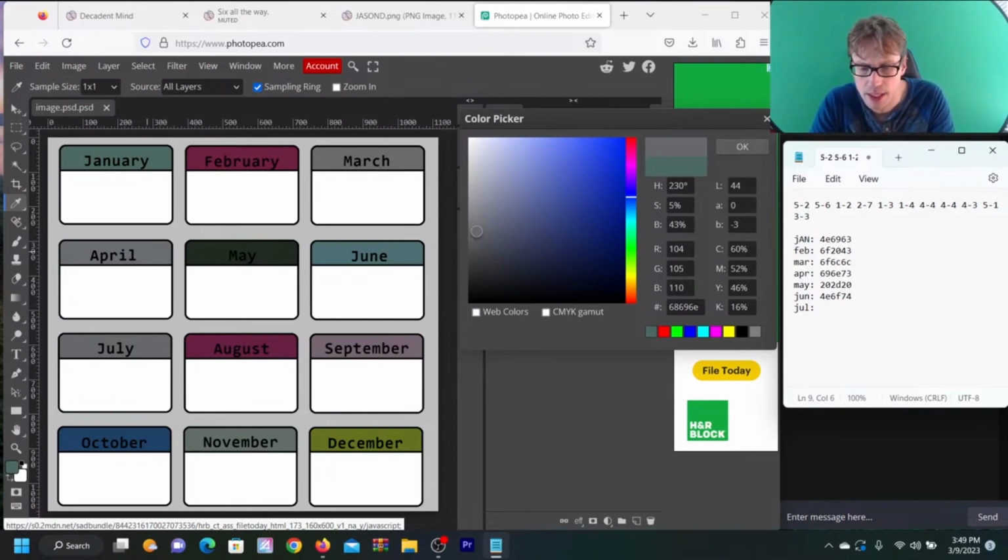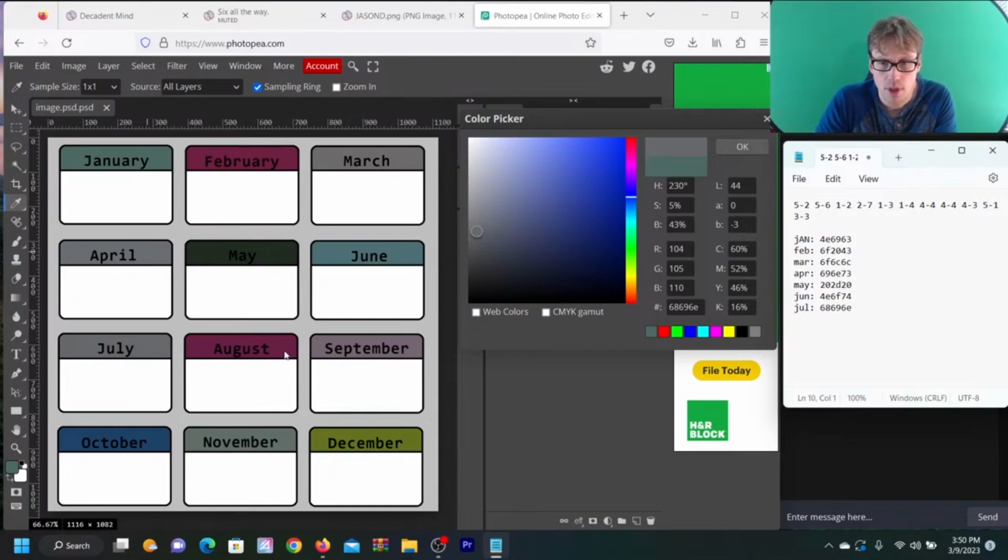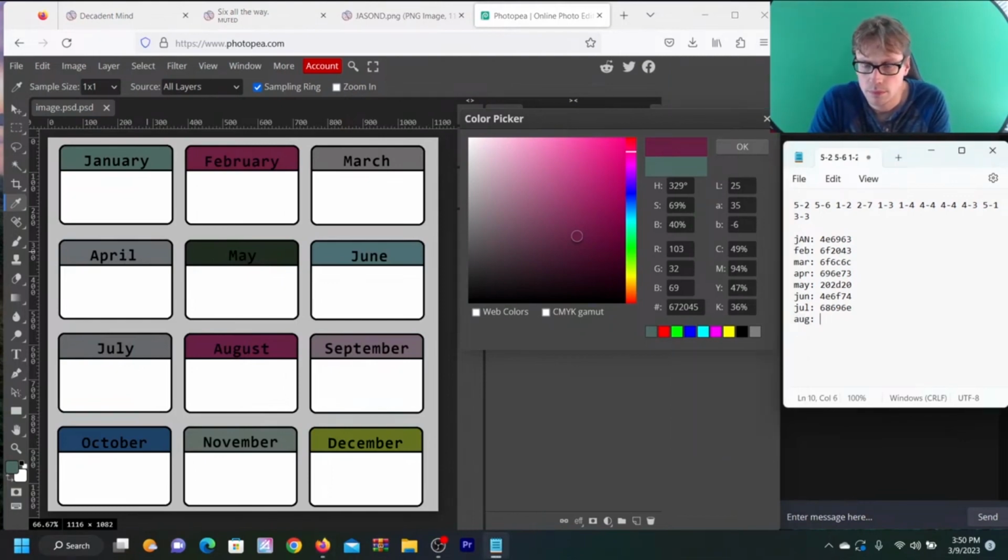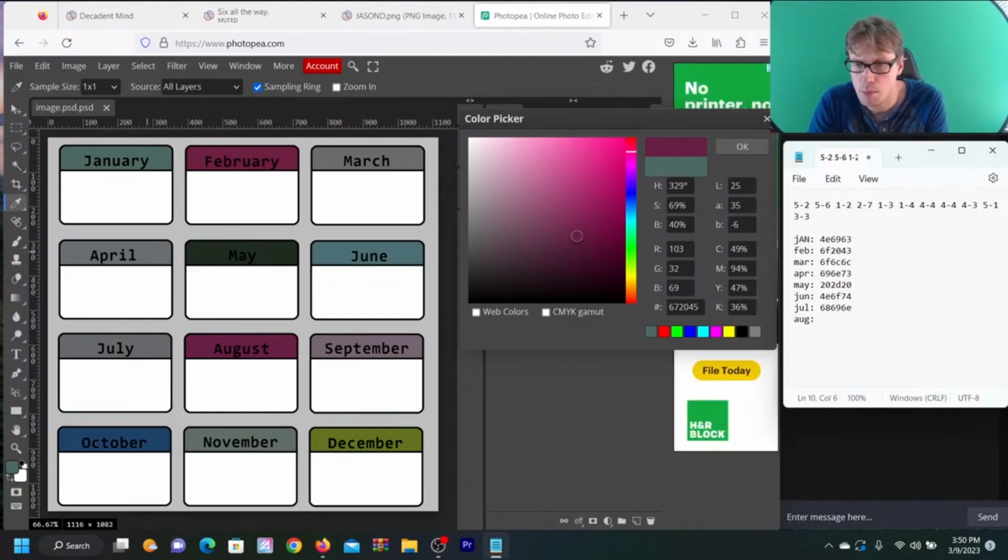And we have 68 69 6E. August. August is like a plum. It's plum coloring. Mauve. 672045. Bang! Do you remember this pinkish color?